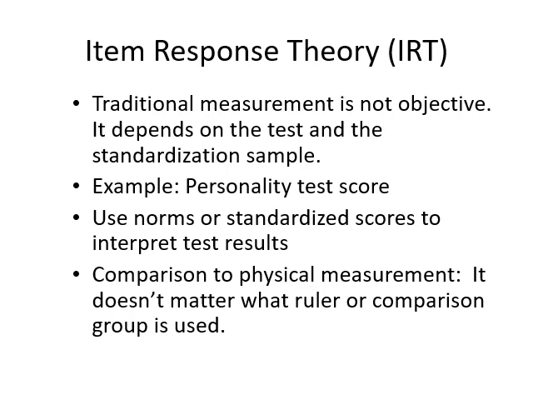So in comparison to physical measurement, it doesn't matter what ruler or comparison group is used. In other words, if you're measuring someone's height and they're 6'2", it's irrelevant what other people's heights are. Their height is 6'2". If we're using item response theory, we are relatively connecting everyone's score to other people that have taken the test.